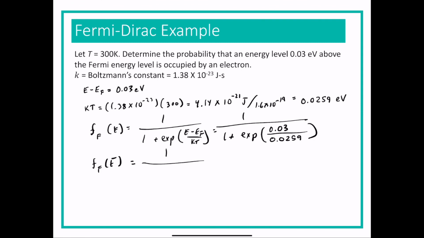What I get is 1 over 1 plus exp of 1.159, which makes sense because 0.03 is just a little bit more than 0.0259, and that would give me 0.239, or 23.9%. So what does that mean? That means if you are at 300 K at an energy level just slightly above the Fermi energy, there's about a 24% chance you'll actually find an electron there. Which is reasonable.